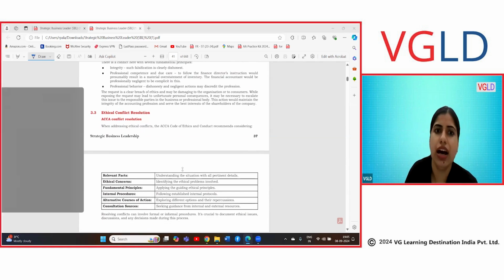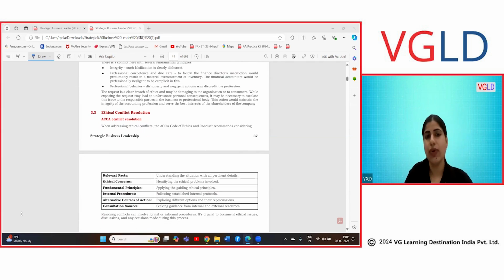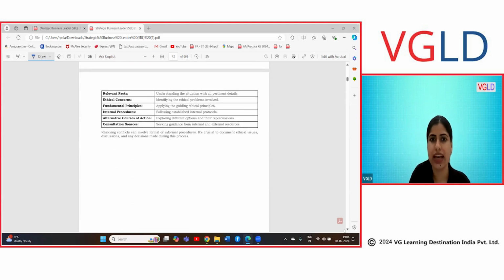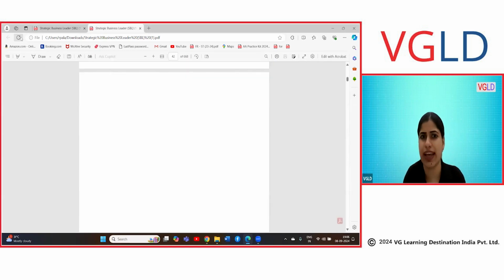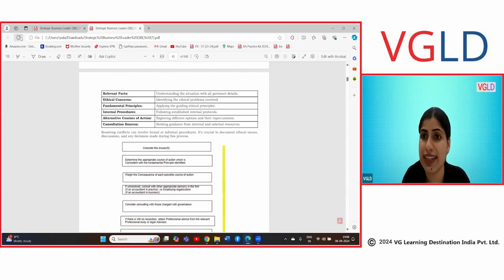Now, when we have to address an ethical conflict, ACCA recommends certain areas. First of all, you have to understand the relevant facts about your client. Imagine yourself as an auditor: whenever you enter the client's place, understand the situation and the threats that could arise.